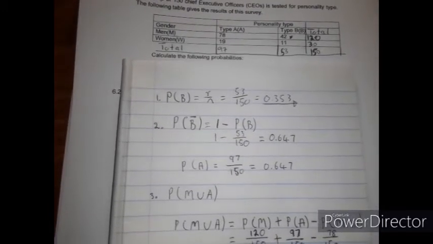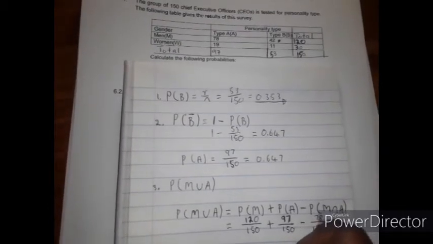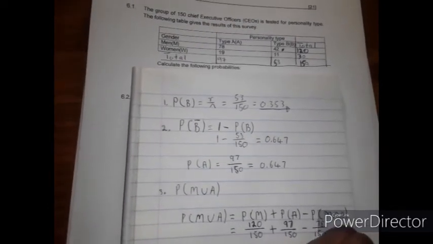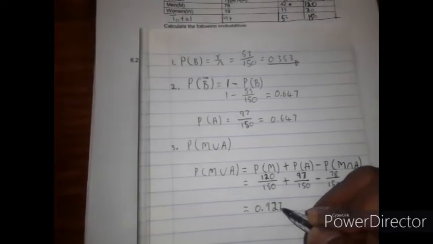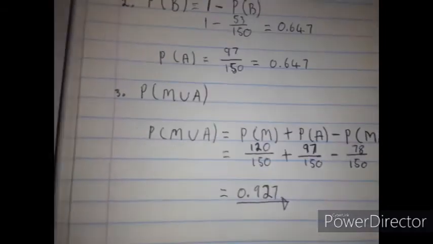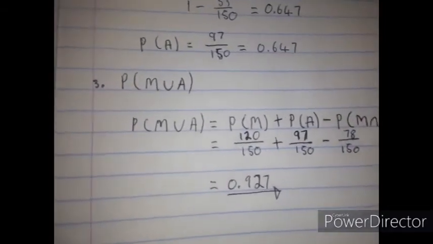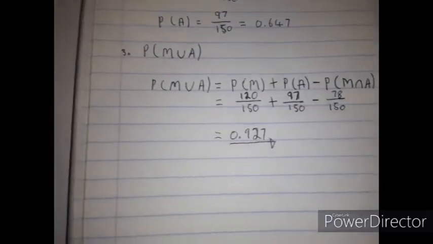The answer is 0.927. This probability is the union of events for not mutually exclusive events.